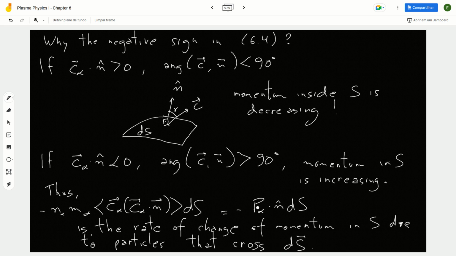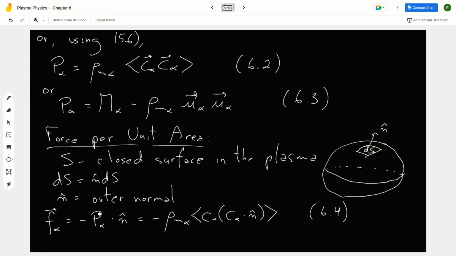Okay, all right. Now, just for you to see that this operation just selects one of the columns of this tensor.